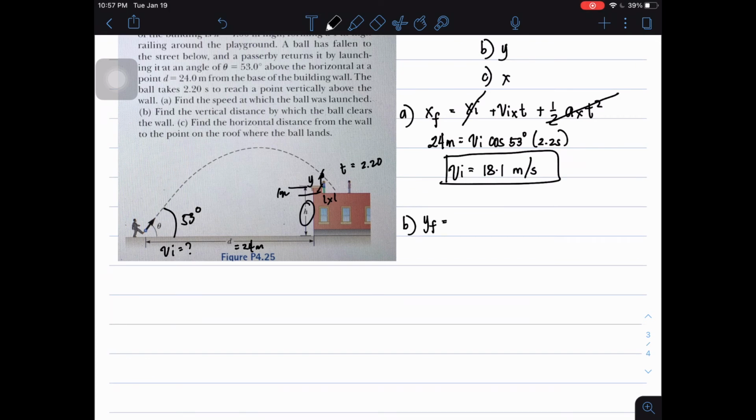For letter B, we're going to be using this formula and apply the given parameters.